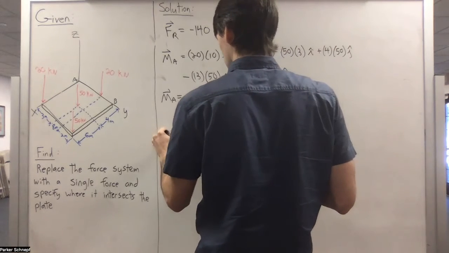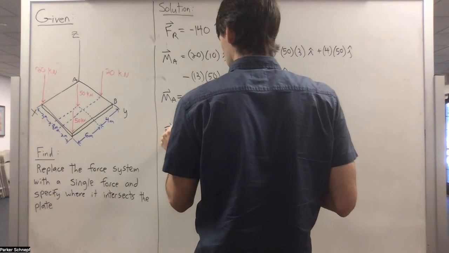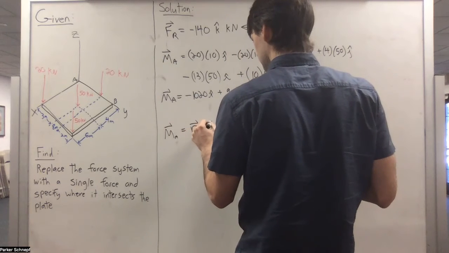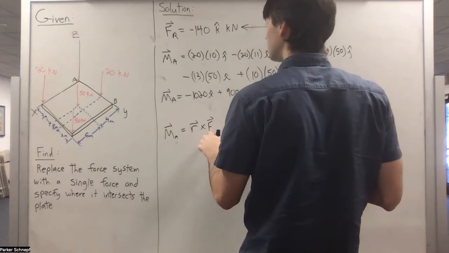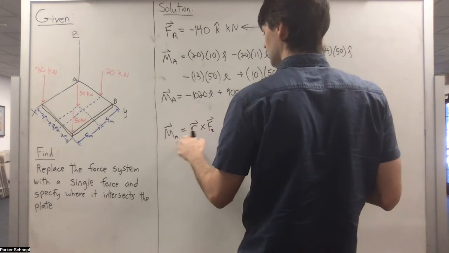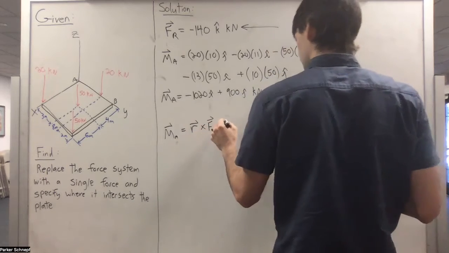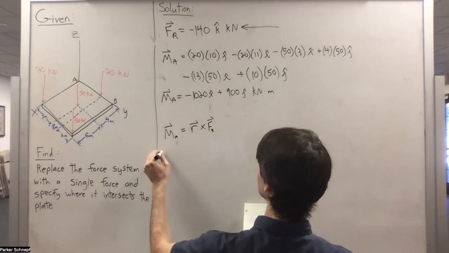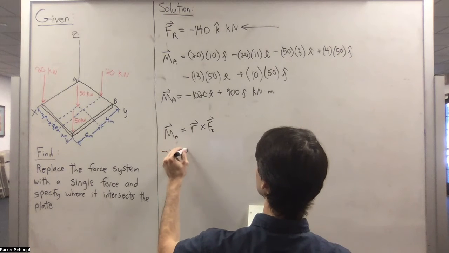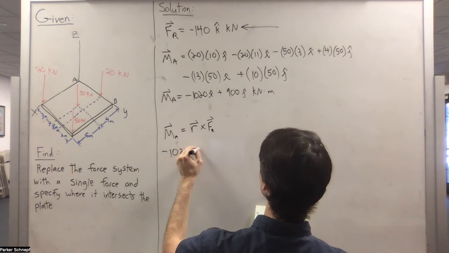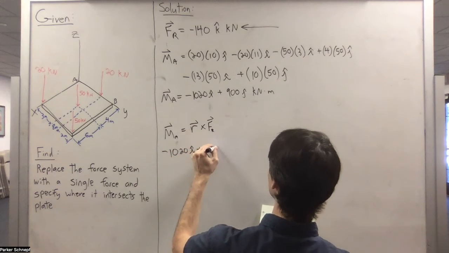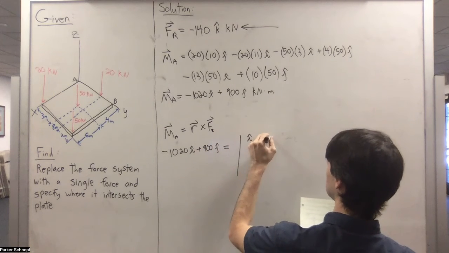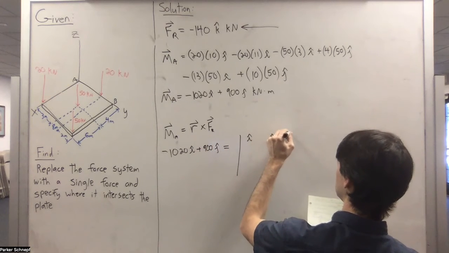So we know that this moment is equal to an R cross an F. We know this force, we know this moment, we don't know this R. So let's solve for it. That gets us that negative 1020 i plus 900 j has to equal the determinant with i, j, k.